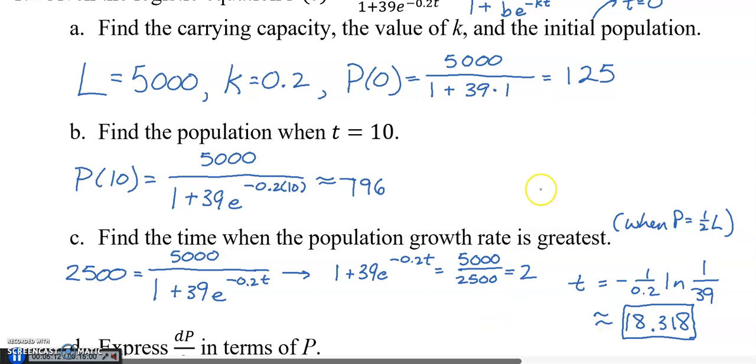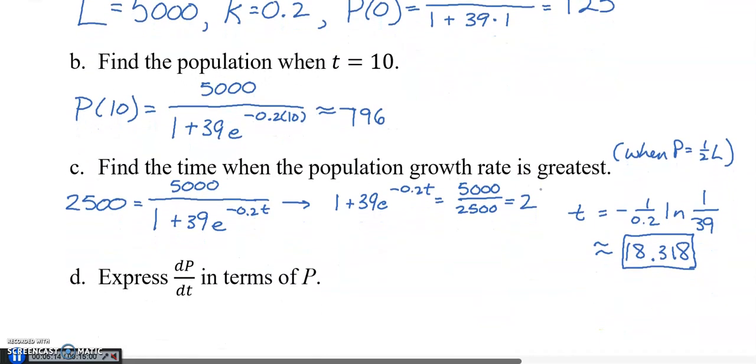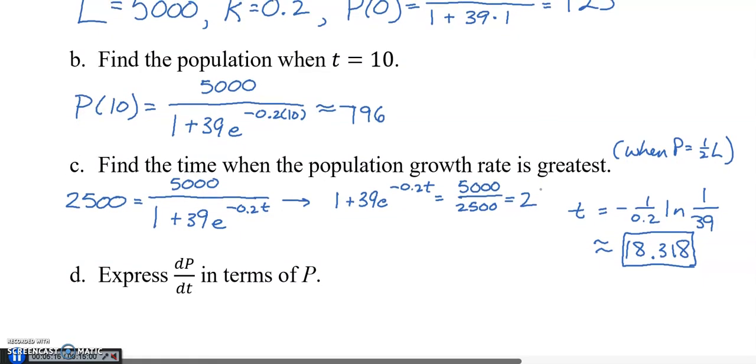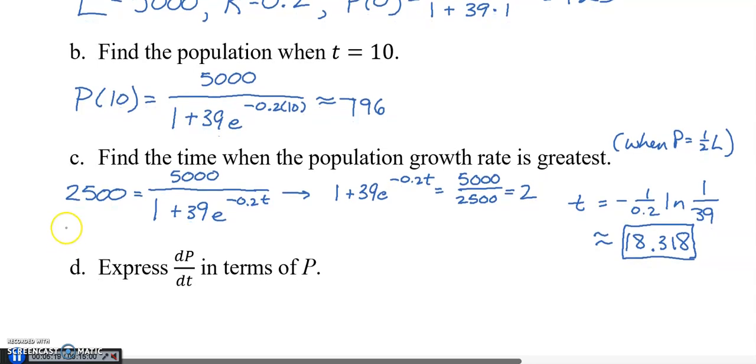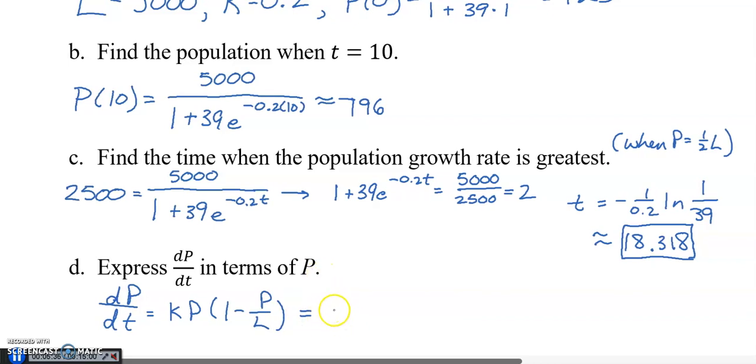And finally, the last question here would be to express dP/dt in terms of P. Again, we're not going to manually take any derivatives. We remember, I hope, that dP/dt is equal to k times P times 1 minus P over L. And if we have that memorized, then all we need to do is substitute in the values of k and L that we already know. k we already discussed was 0.2, and L we already discussed was 5,000.